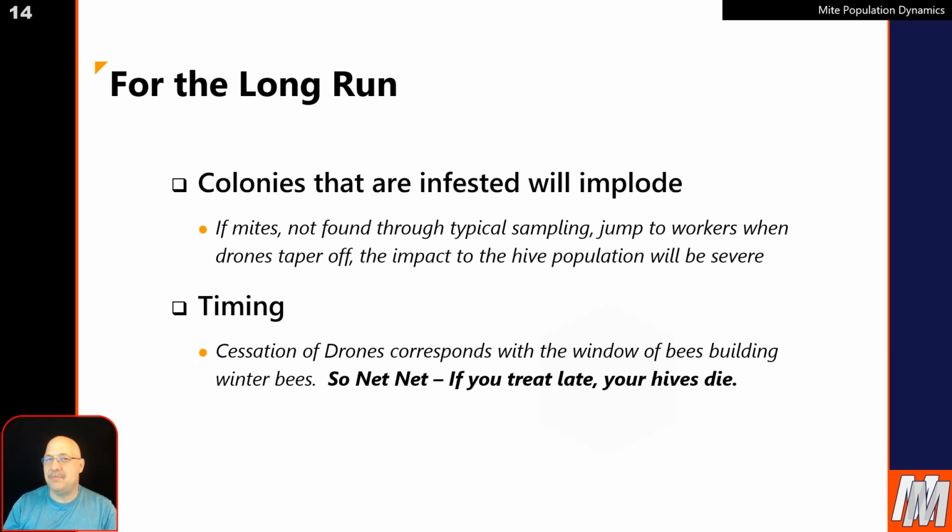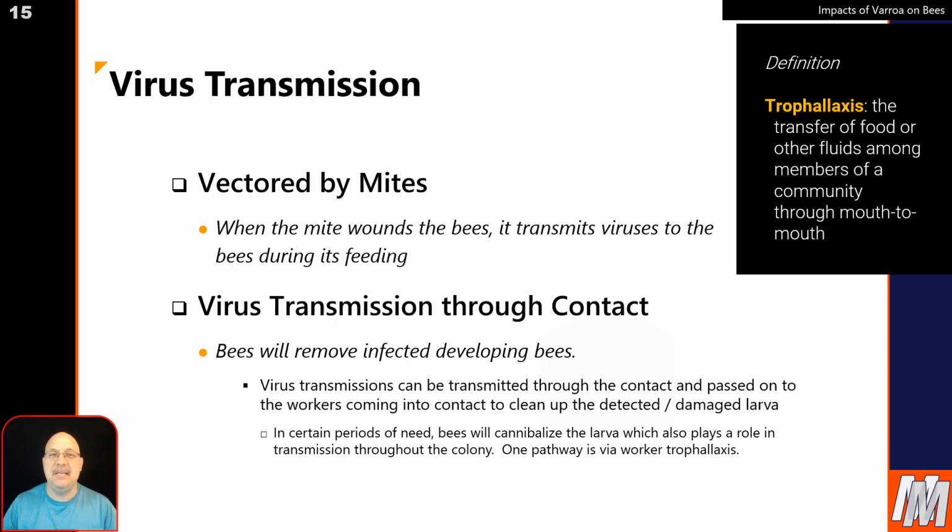The timing of the way that this progresses, colonies will implode. We're setting the stage for a very bad situation where the impact of varroa mites is transferring to the worker colony, and that is a recipe for hives to implode. The workers are the heartbeat of the colony.